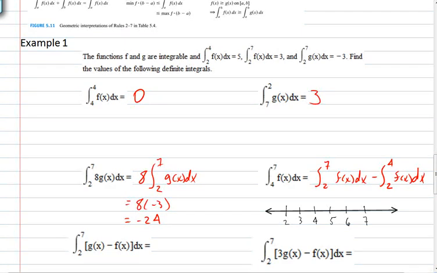This integral, the area from 2 to 7, we said up here was going to be 3. So from 2 to 7, we get the area as 3.